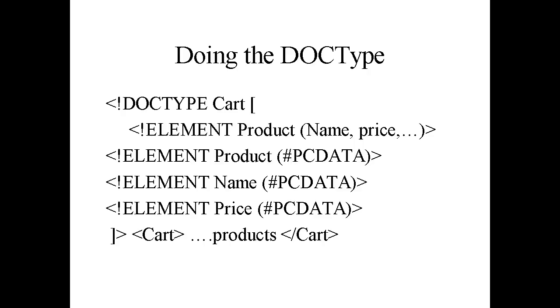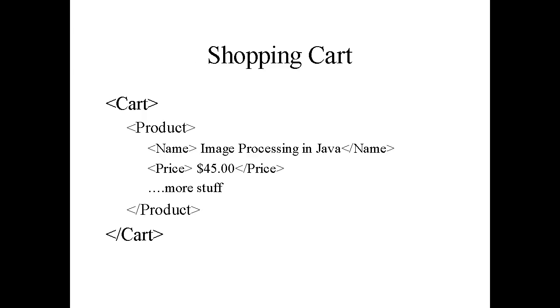And then you can define what a product is, and that's just some text, and we call that text PCDATA. The name and price are also PCDATA text elements. And then you can define a series of different carts with products in them. So here's an example of a cart. Somebody has purchased Image Processing in Java, and the price is $45, and there may be more stuff that follows.